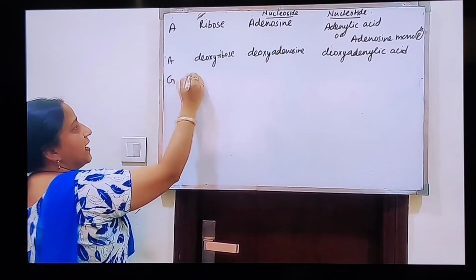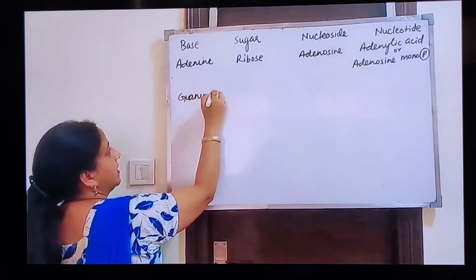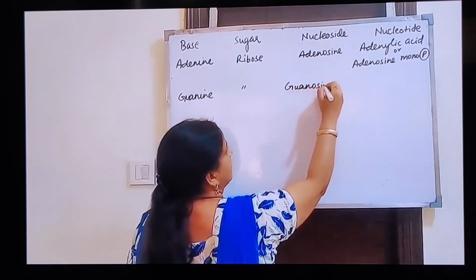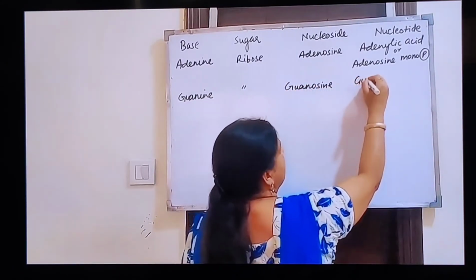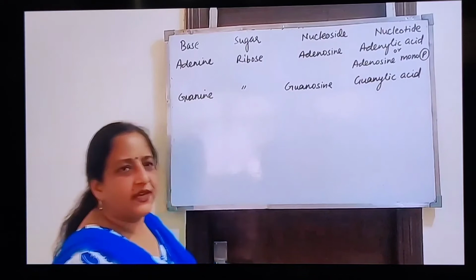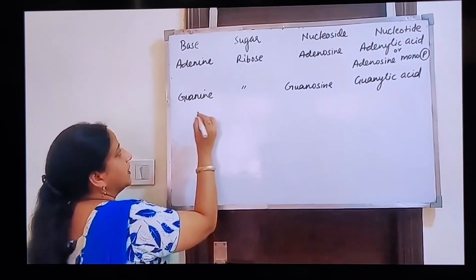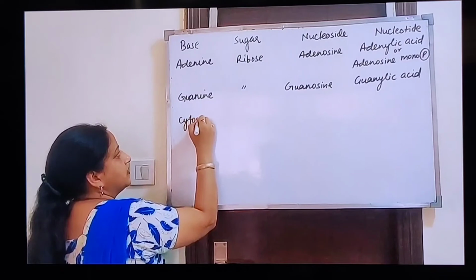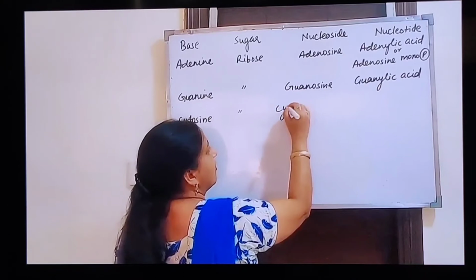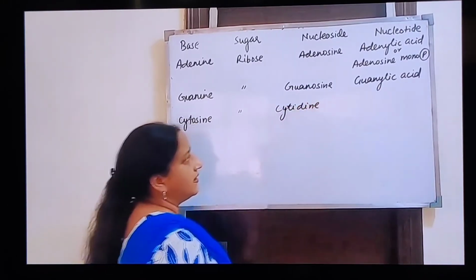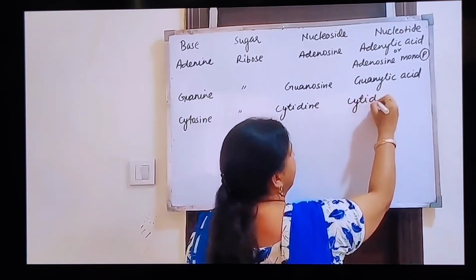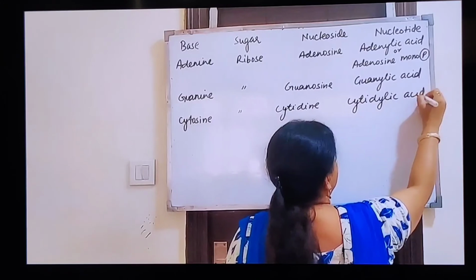Similarly, if I take guanine and the sugar is ribose, then the name of the nucleoside will be guanosine and the name of the nucleotide will be guanylic acid or guanosine monophosphate, diphosphate, triphosphate, whatever. If we take the base cytosine and the sugar is ribose, then the nucleoside form will be cytidine and the nucleotide will be cytidylic acid.